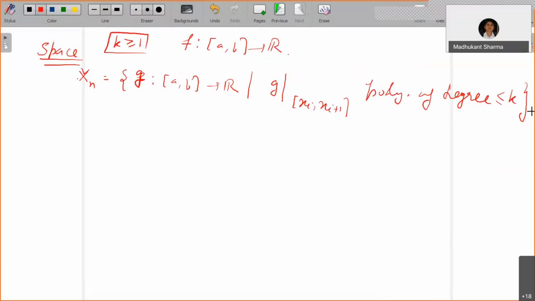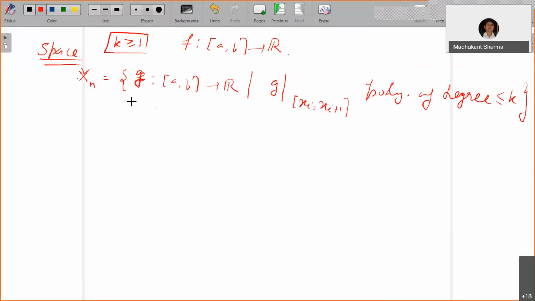If k equals 1, you are talking about linear polynomials, meaning polynomials of degree less than or equal to 1. If k equals 2, it is a polynomial of degree less than or equal to 2, and so on. Then what will be the dimension of Xn?